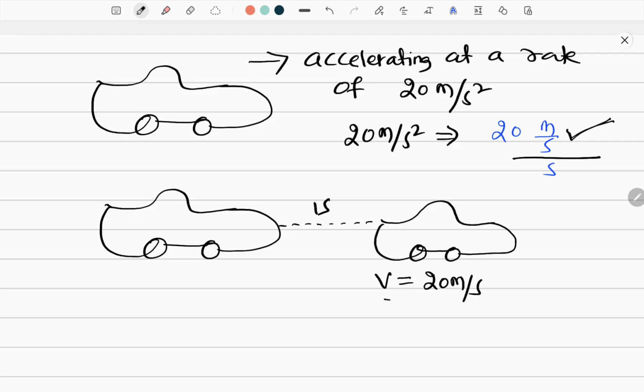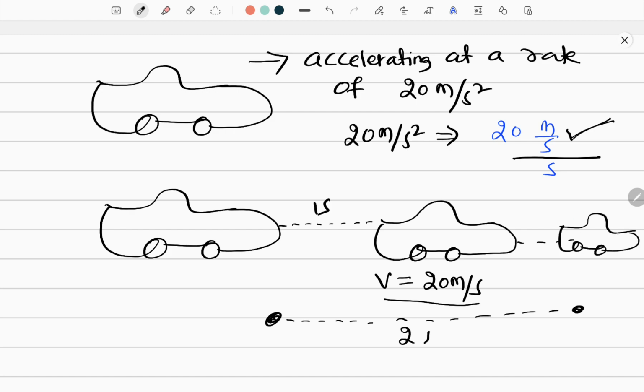For example, if I want to check the velocity of this car after 2 seconds, from the initial position to the final position, what will be its velocity? Tell me. The velocity is going to be 40 meter per second, because for every second the velocity is increasing at a rate of 20 meter per second.